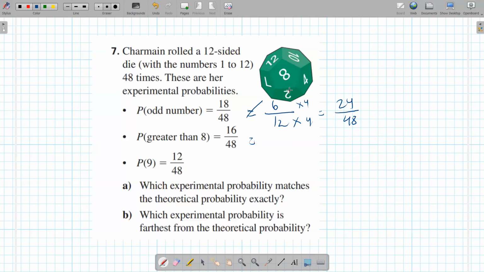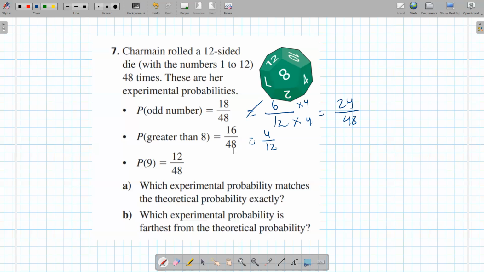If you roll the dice once, what's the probability that you get a number greater than 8? 4 out of 12. Now is 4 out of 12 the exact same thing as 16 out of 48? Yes, it is. So that's our answer for A.